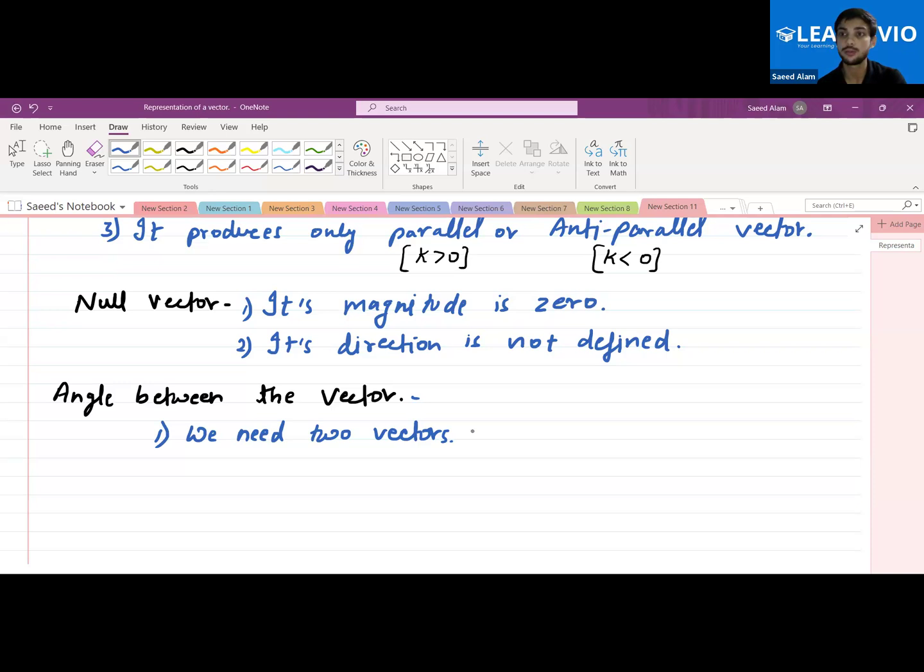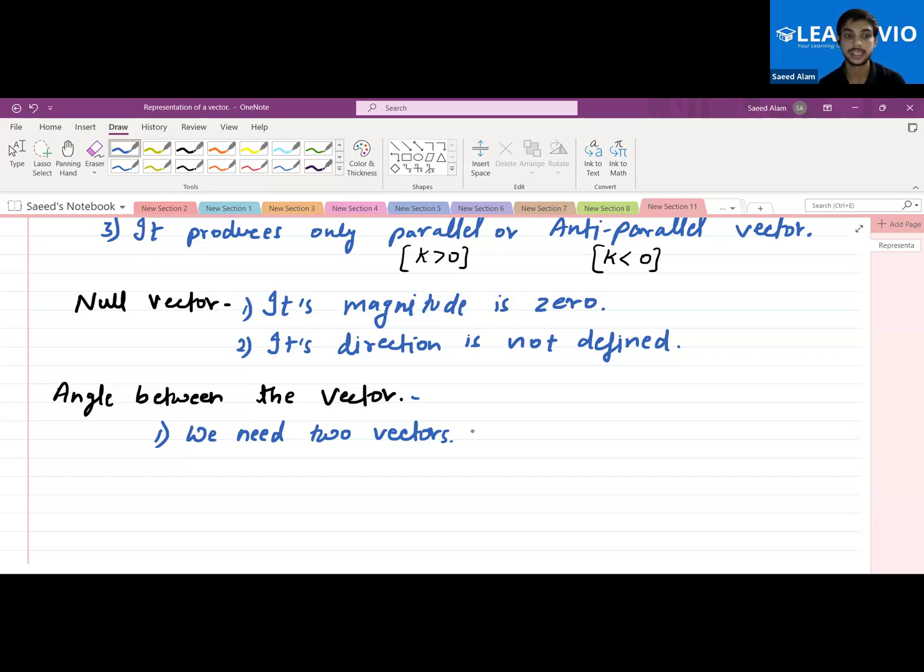Yes, we can shift it. Just take care of one thing: don't rotate it, don't change the direction, and don't change its length either. You can shift the vector wherever you want, but never change its direction.